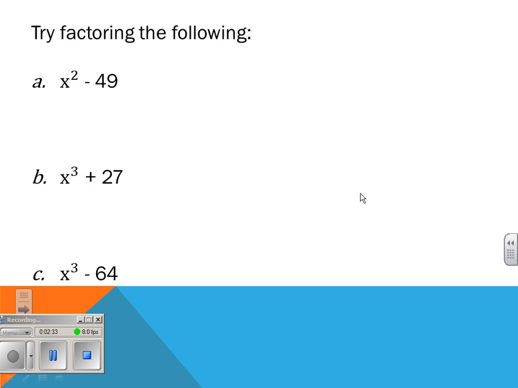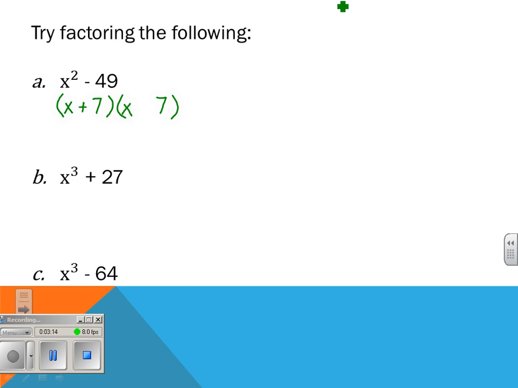Now let's try practicing with a few of these things. Take a look at example number A that I have on your slide for you first. Which one of these special deals is this one? Well, you can see that it is a subtraction, so we've got a difference of something. The first term is a squared term, and the second term is a squared one, so this is a difference of squares. Now, if you remember from the past, or from the box that you just copied down, the factors are going to be the square root of the first term and the square root of the second term.